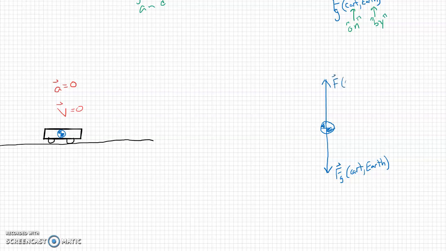And that upwards force, again, is on me as the cart. It's on the cart by, what is it by? Well, the ground is what I'm in contact with. Or maybe a table. Again, I said the ground, so we'll just stick with that convention. And because these two are in balance with one another, our acceleration, once again, is 0.